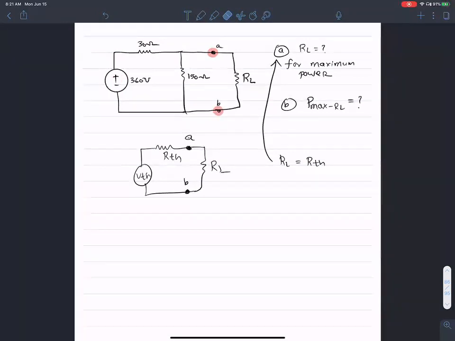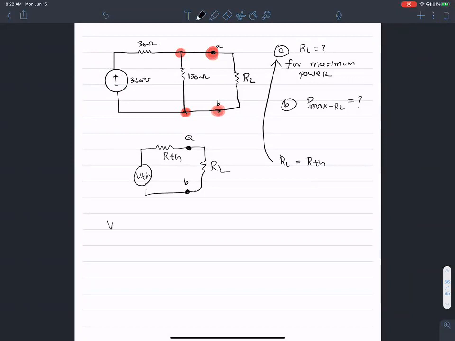Okay, so in order to do the Thevenin equivalent of the circuit, I first have to find the voltage across the terminals A and B. The voltage across the terminals A and B is the voltage across the 150 ohm resistance, which is simply the voltage division.